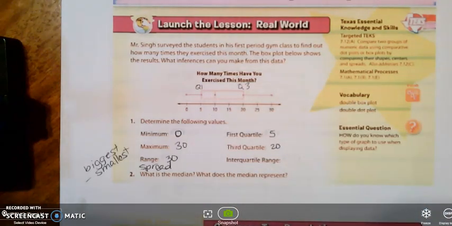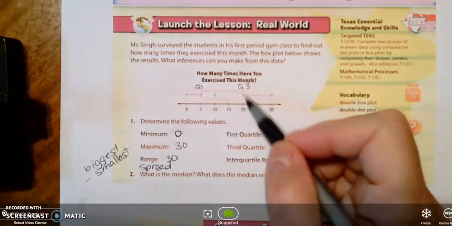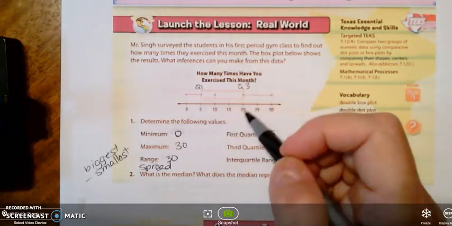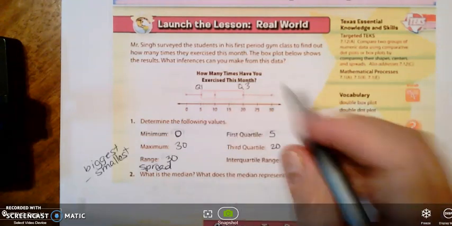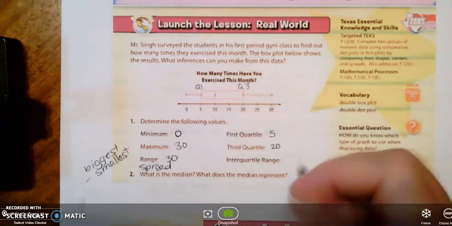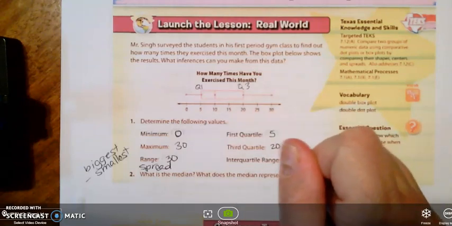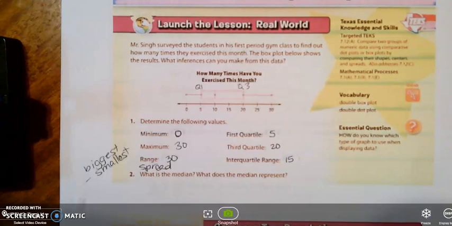So whenever you do a box plot, we actually have two ranges. We have the spread, or the range of the entire data set, then we have the interquartile range. So your interquartile range would be subtracting these two numbers. And they're really nice because we're not having to guess what these are, okay? So 20 take away 5, so I'm getting 15, okay?